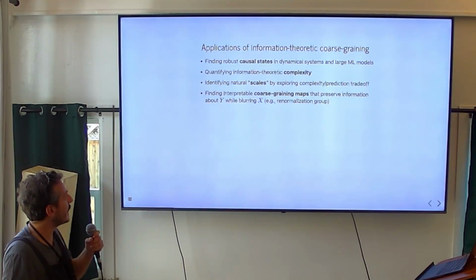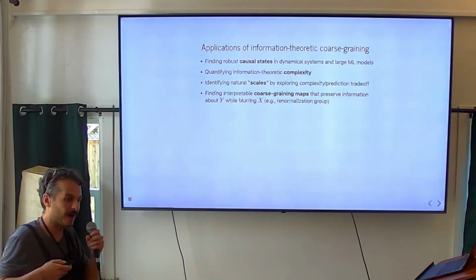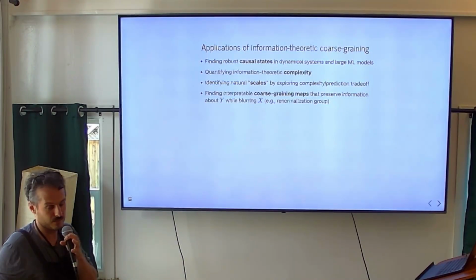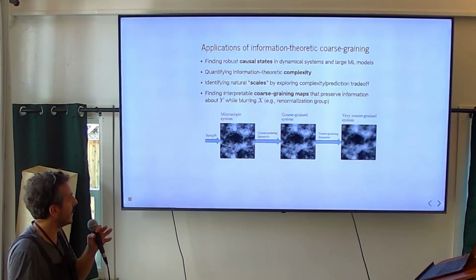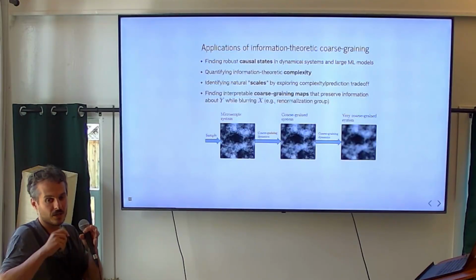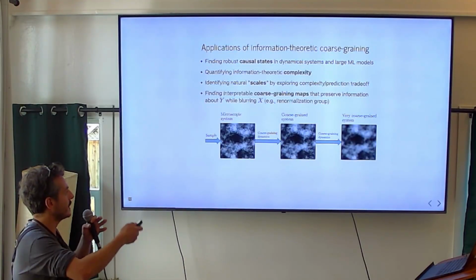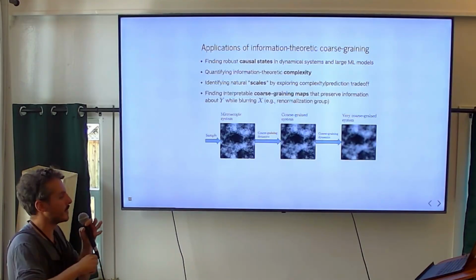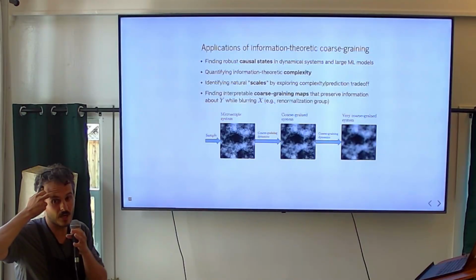And finally, this is something I'm particularly interested in: we may be able to find optimal ways of blurring or coarse graining the system. This is familiar to some of you from renormalization ideas in physics. Recently, they've also been very popular in machine learning, and they've been formulated in this way, that we want to blur some microscopic details while preserving information about macroscopic observables that we care about.